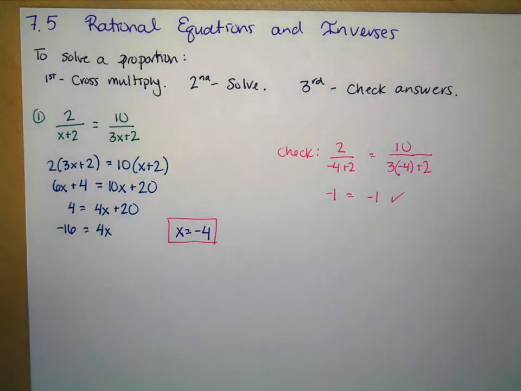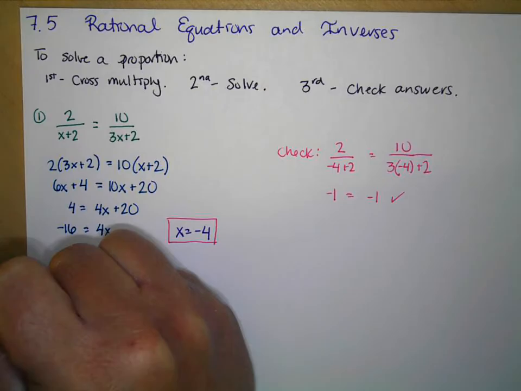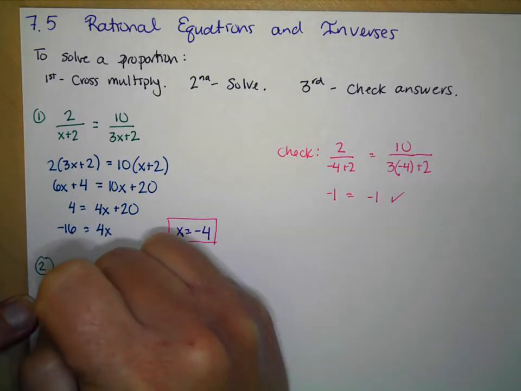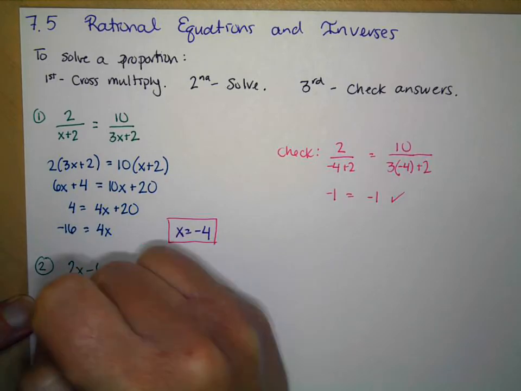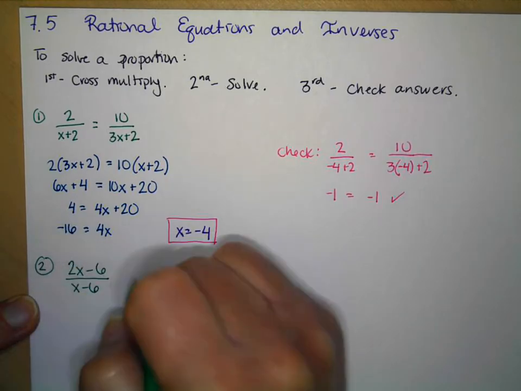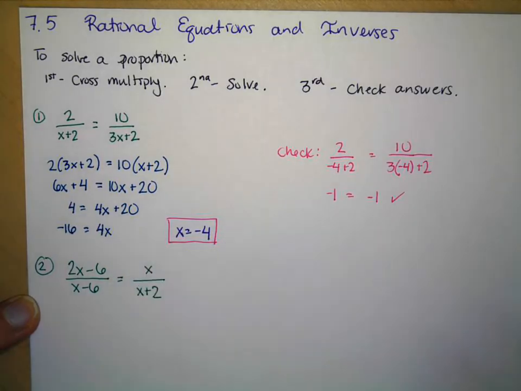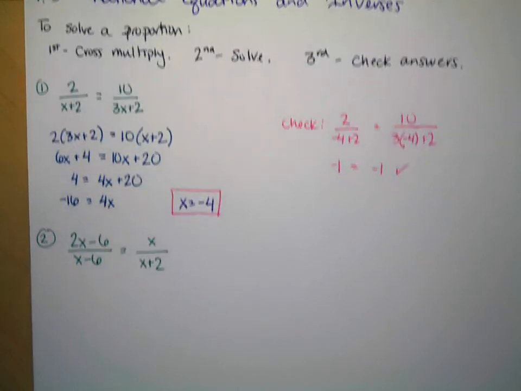Let's try another one that's a little more interesting. This time we have 2x minus 6 over x minus 6 is equal to x over x plus 2. We use the exact same 3 steps. We're going to cross multiply, we're going to solve the resulting equation, we're going to check our answers.